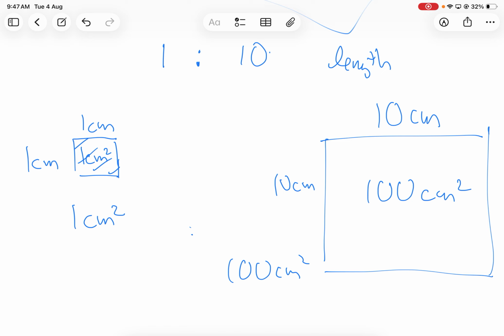I square 3 become 9. Let us look back. When it is 1 is to 2, I square 1 become 1, I square 2 become 4. 1 is to 10, I square 1 become 1, I square 10 become 100. So for similar figures, the scale factor for the length, I want the scale factor for the area, I just square both sides.